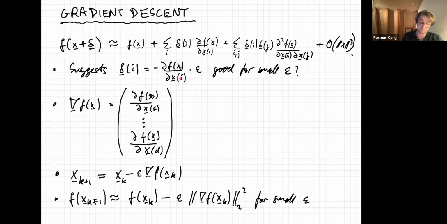I was just trying to put something small in this coordinate, which had the opposite sign of the derivative. Now, the function value change that we should get from small epsilon, not so important what it is, but it's just the 2-norm squared of this gradient times this epsilon to make things small, because I got the sum of squares of all of these derivatives with a minus sign.